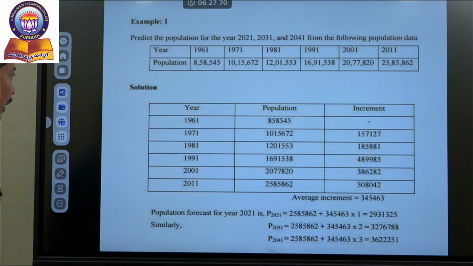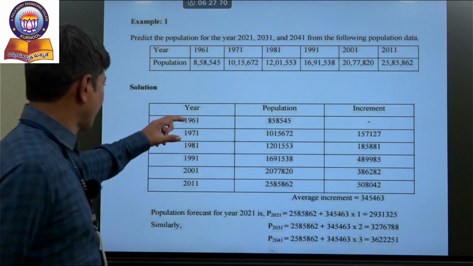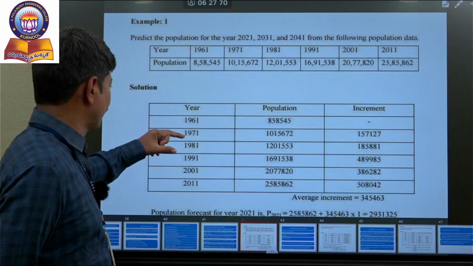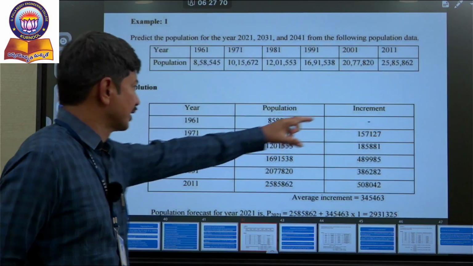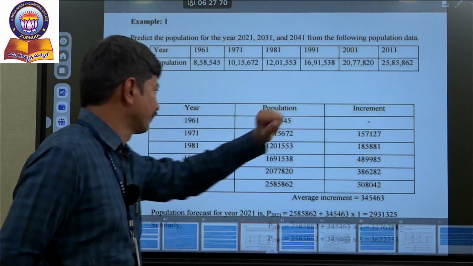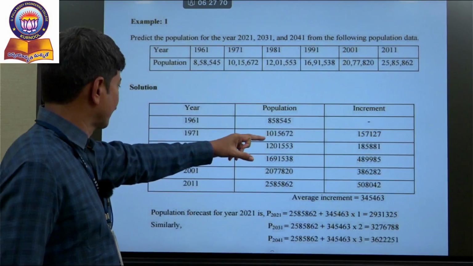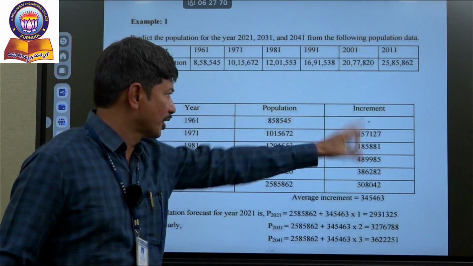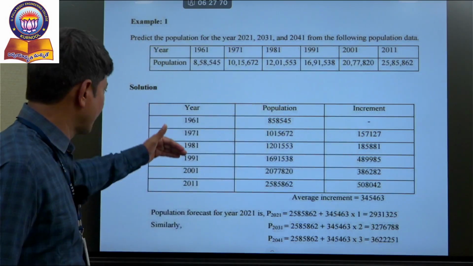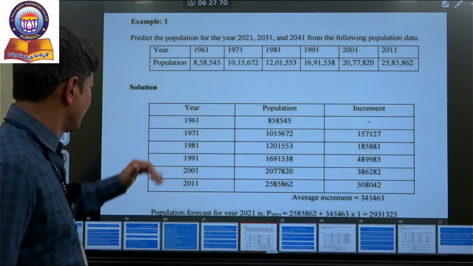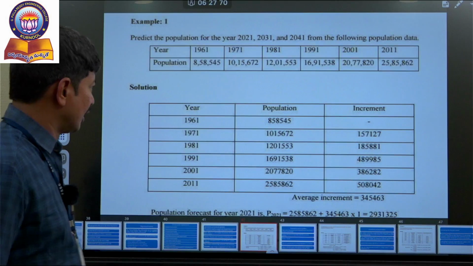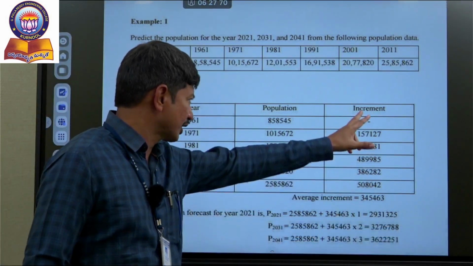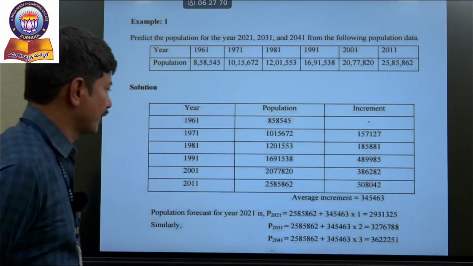Based on the data, from 1961 to 1971, how much is the increase in population? Just subtract 1961 from 1971 to get the population increment. Then 1981 minus 1971, how much? 1991 minus 1981, like that. We first calculate the increase in population.